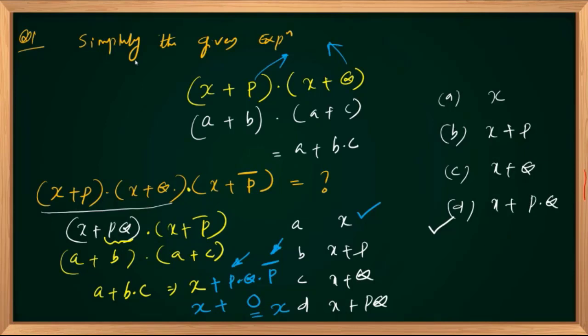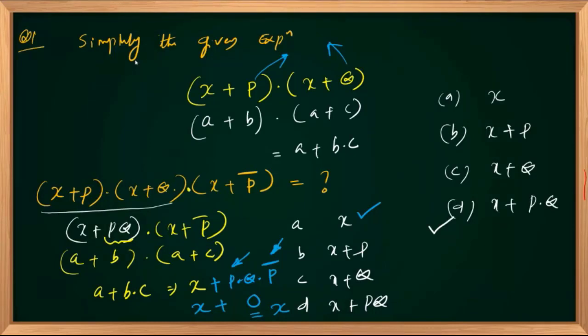If you have p and p bar, the product will always be 0. Okay, clear?